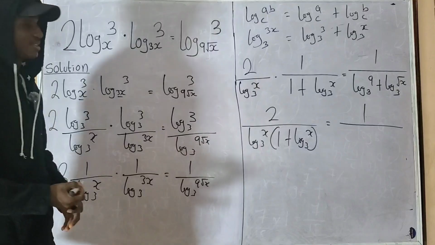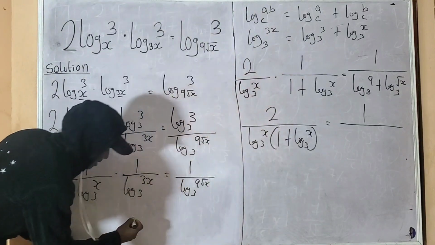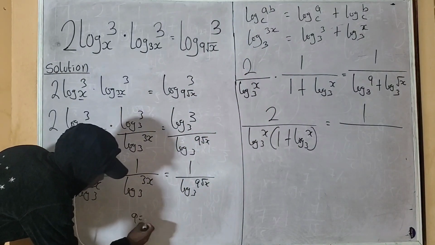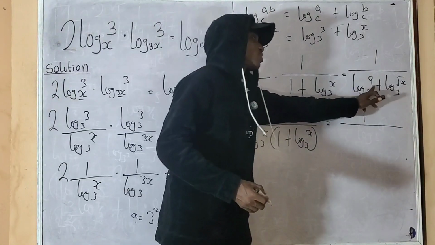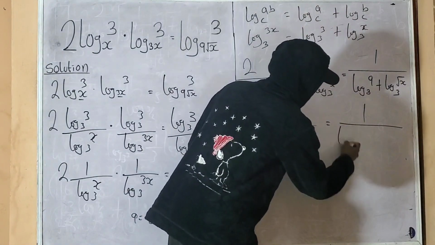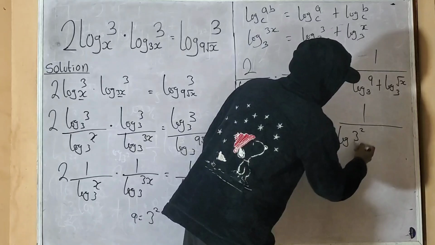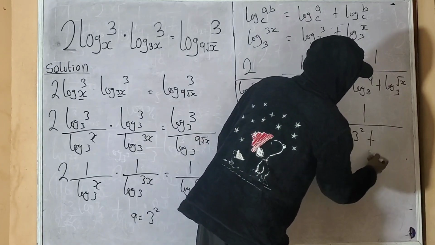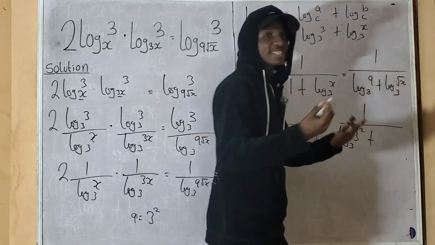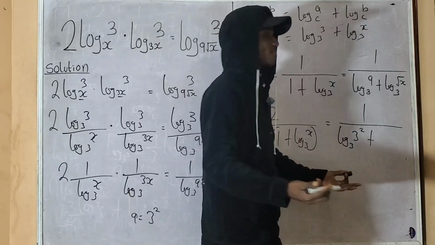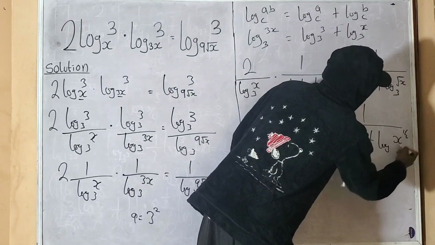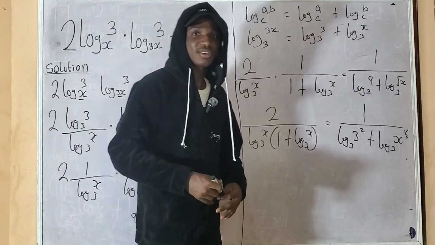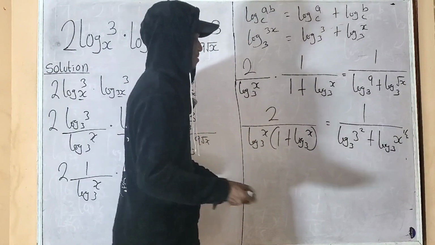Please pay attention. Okay, let me put it here. 9 is equal to 3 raised to the power of 2. So if you replace 9 with 3 squared, you are going to have log_3 3² plus, now √x can be written as x raised to the power of half. So plus log_3 x^(1/2).